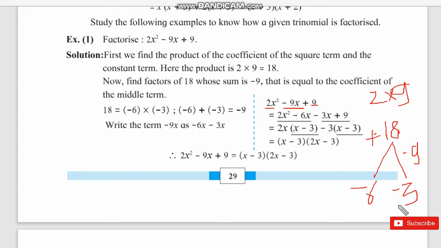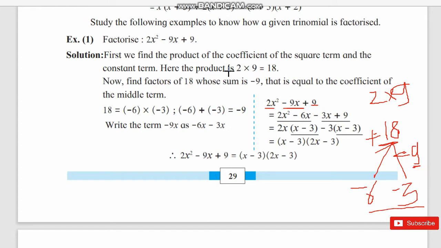What are the conditions? The product must be 18: minus into minus is plus, 6 into 3 is 18. And the sum, adding the same terms, must be negative 9. So minus 6 and minus 3 is negative 9.